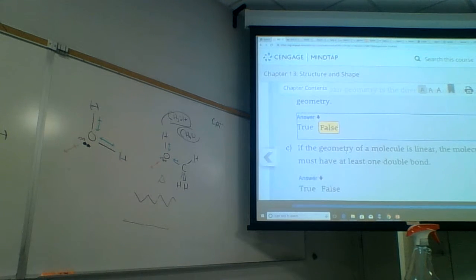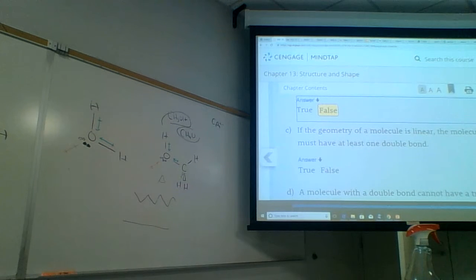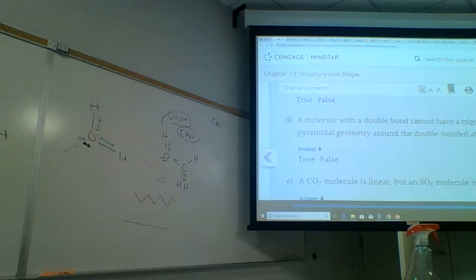Electron pair geometry affects the molecular geometry. If the geometry of a molecule is linear, the molecule must have at least one double bond. False. A molecule with a double bond cannot have a trigonal pyramidal geometry around the double bonded atom. False.